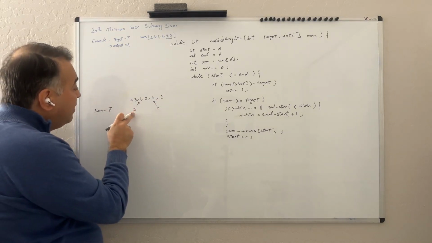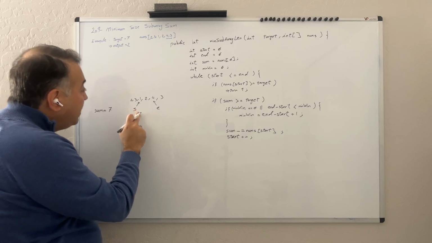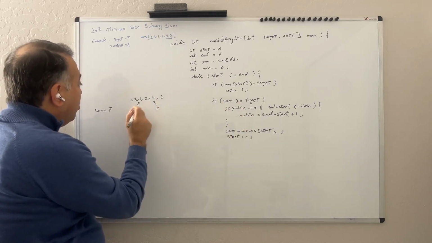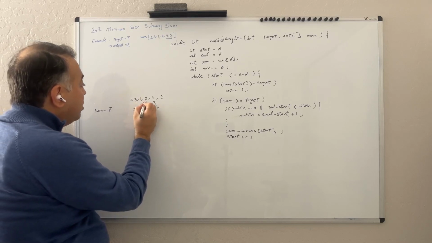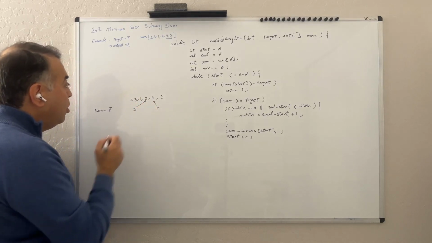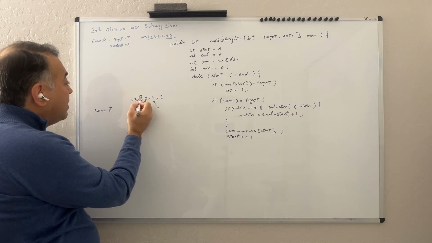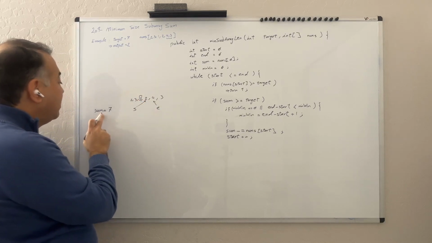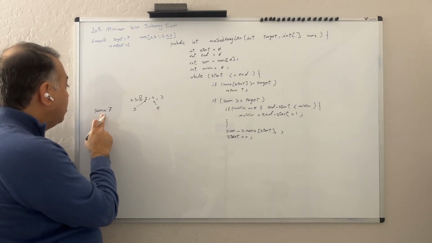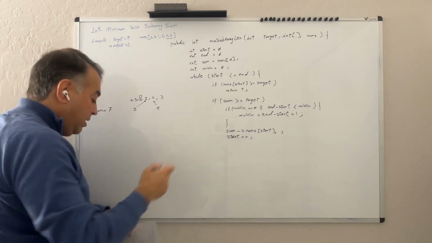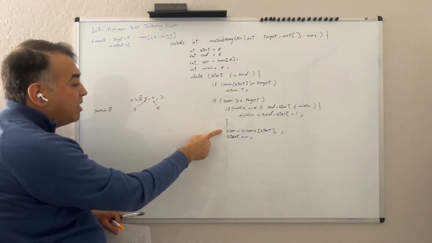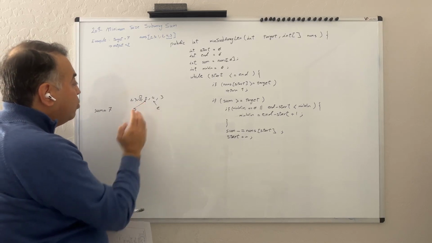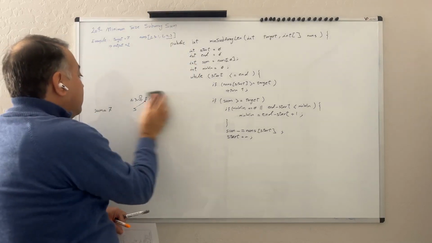I want to move the start one step to the right, from this position to this position. So I need to remove 1 from the sum that I calculated. That's what I did here. So I first remove the 1 from the sum that I calculated, then I move the start 1 step to the right.